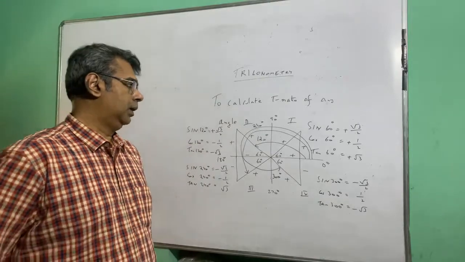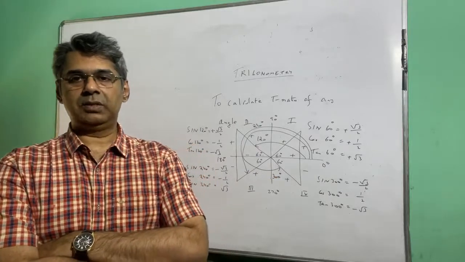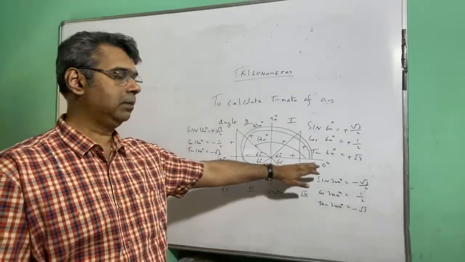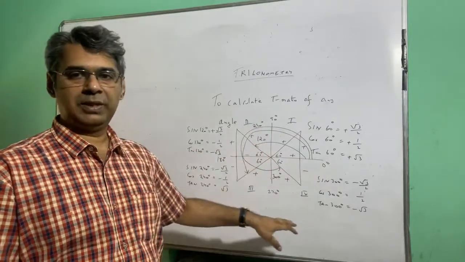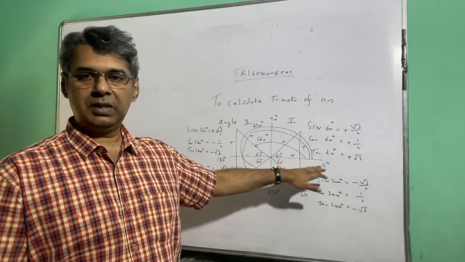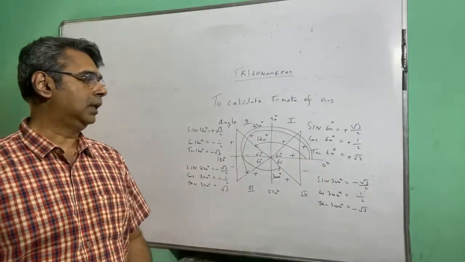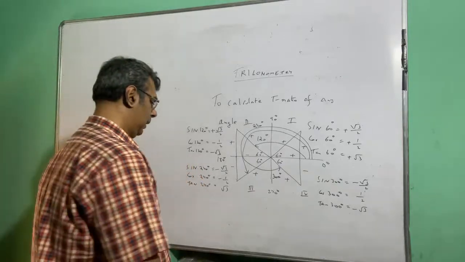Now, you will notice that when we were doing these calculations, we were starting from the positive x-axis and going anti-clockwise. For all of these measurements, the starting point was the x-axis and then we went anti-clockwise. Now suppose a person says that I will go clockwise, then what will happen?